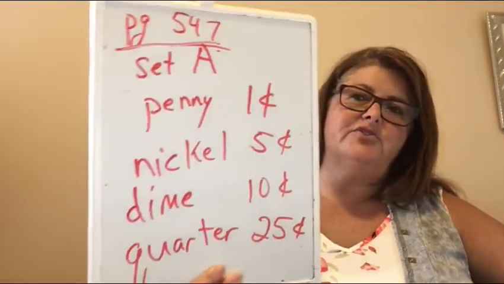When you go to the store and you buy something, you need to know how much change to give to the cashier, and you also need to know how much change they're supposed to give you back. And when they give it back to you, make sure you count it right there in front of them and make sure they give you the right amount of change back. Because sometimes people make mistakes.